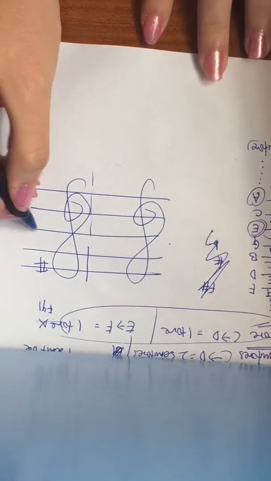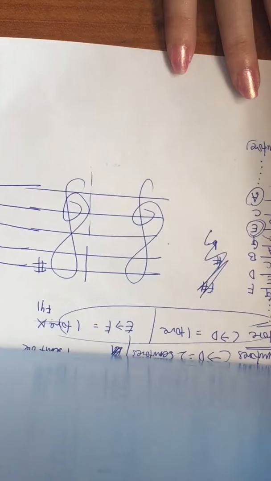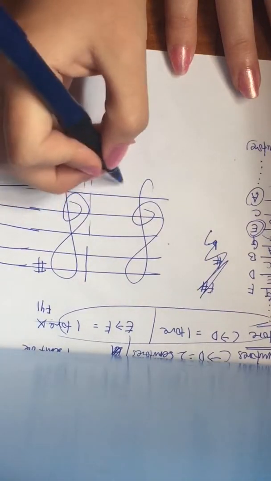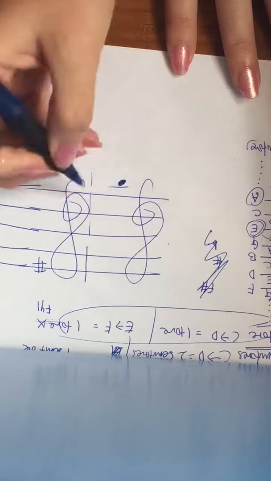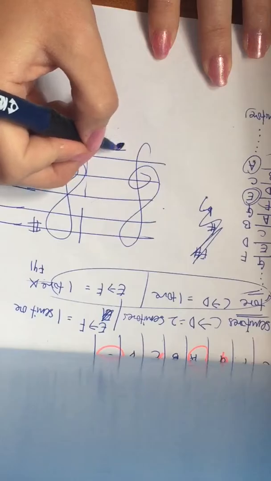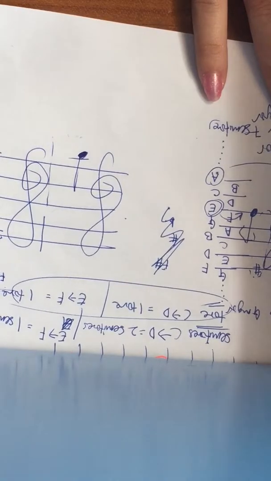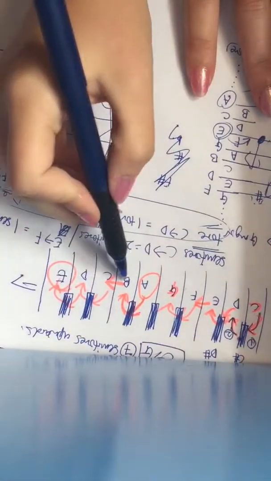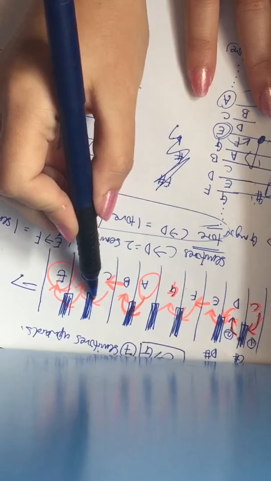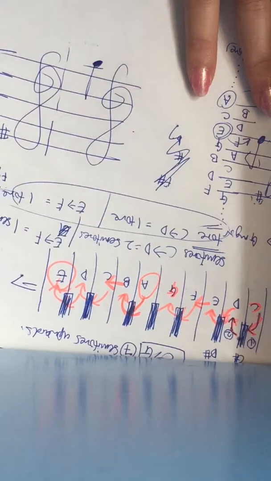For your second note, it's very similar, exactly the same. Your second note is a B, am I right? Just look at this, this is a B. If you want to do it the long way, you can also count 7 semitones.